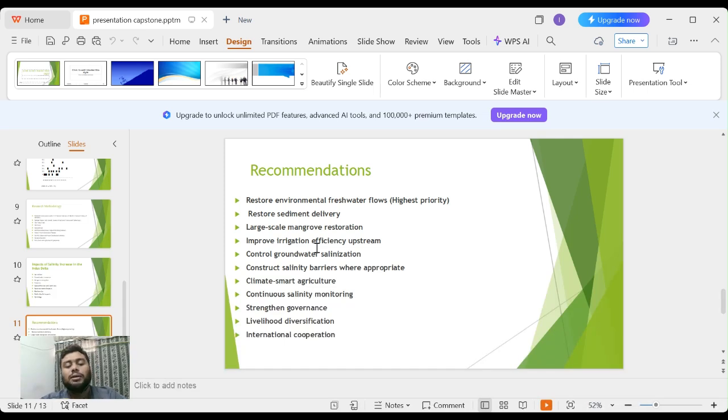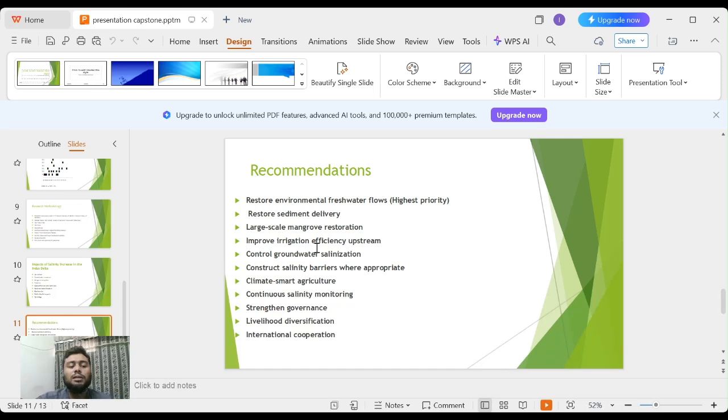So the last one is international cooperation, which is very necessary as the Indus is a transboundary river. It flows from some part of China, the lower part of China, through Kashmir, GB, KP, Punjab, and to Sindh and then to the Arabian Sea.